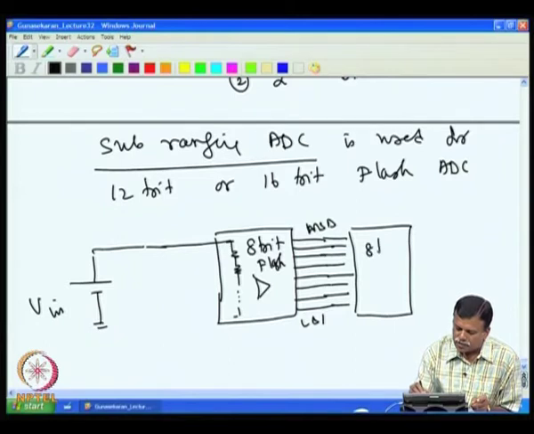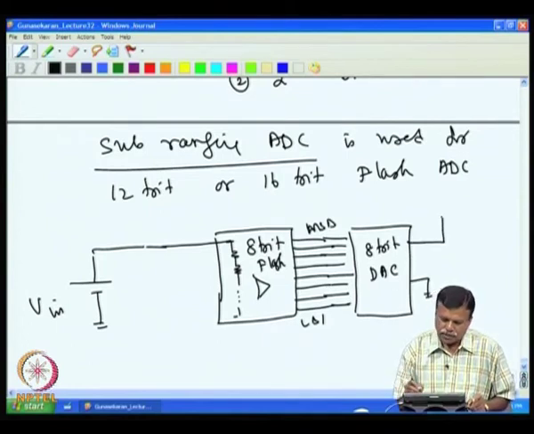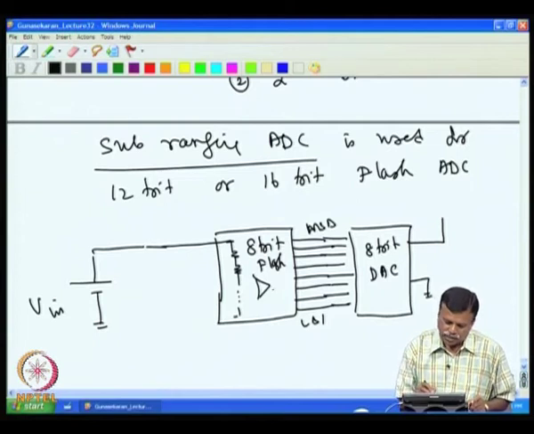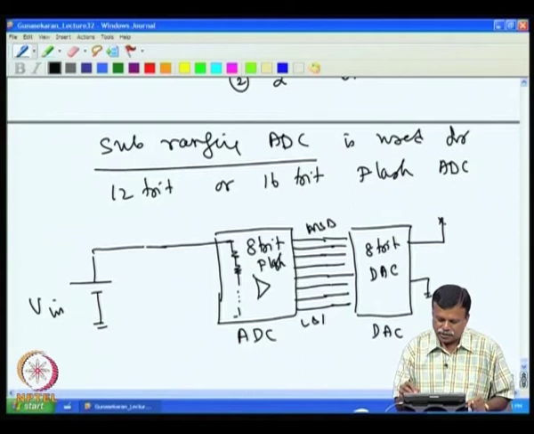This is given to again an 8 bit DAC, a D to A converter, which gives you an output voltage corresponding to the 8 bits. So, what you have done is you have put an A to D here, then a D to A, and you got back the analog voltage.